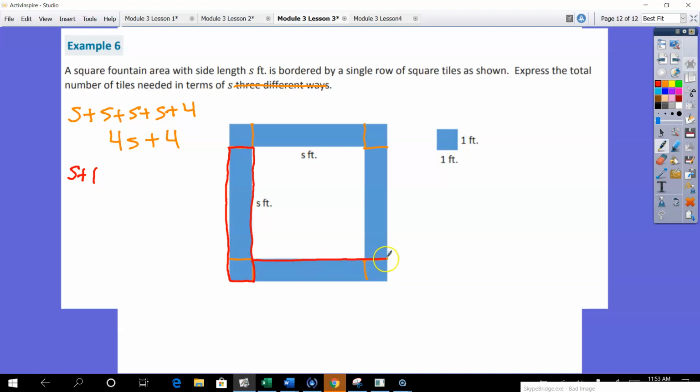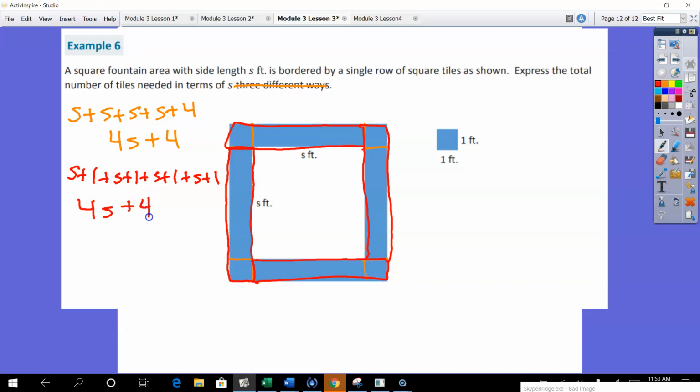We have that 1, 2, 3, 4 times. So we could write it 4 times. That means we have a total of 4 s's plus 4.